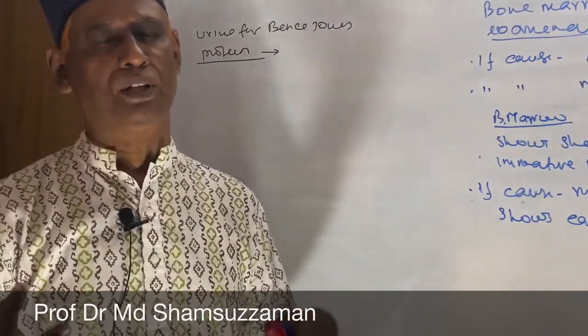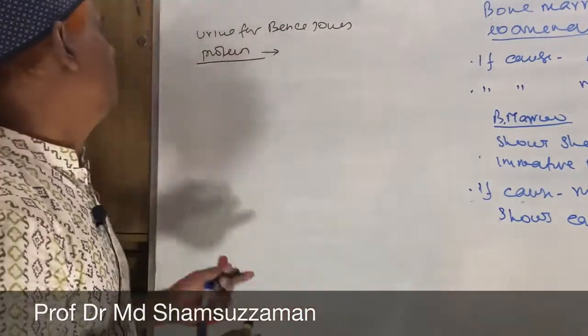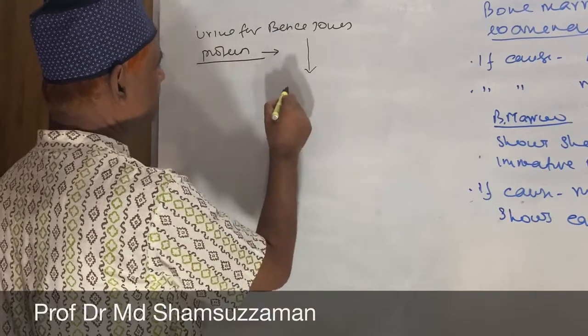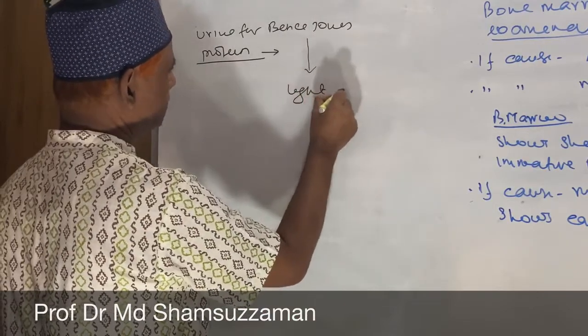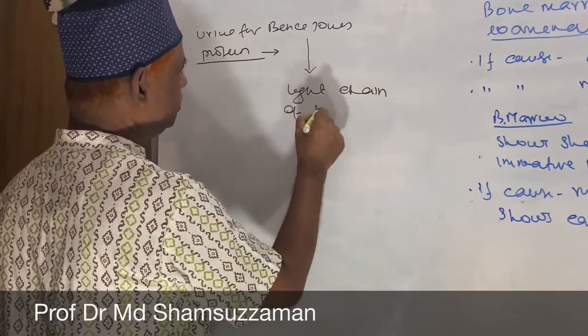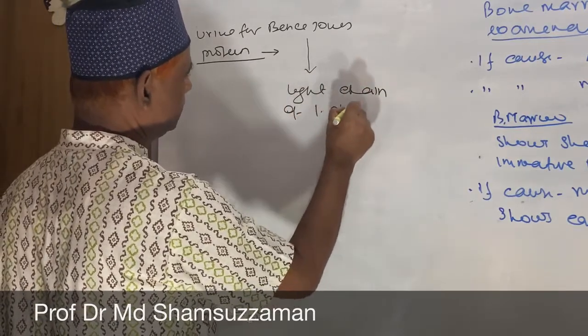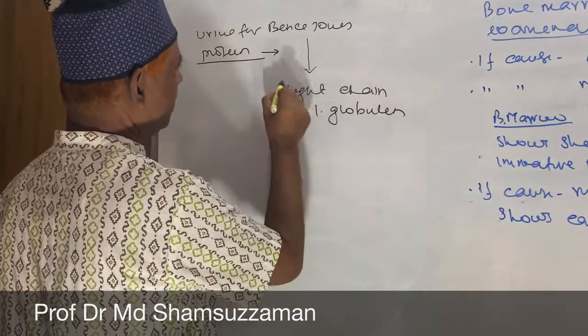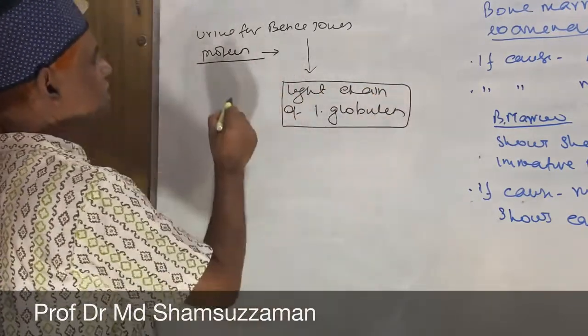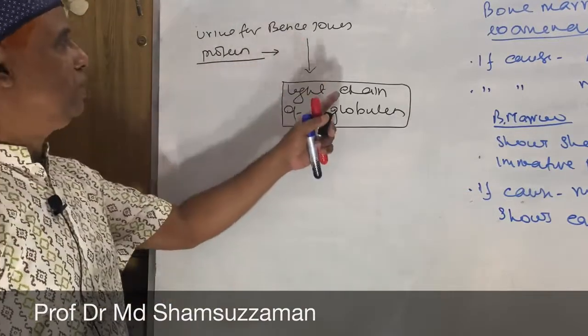Bence Jones protein, named after the scientist, is nothing but light chain of immunoglobulin, either lambda or kappa.